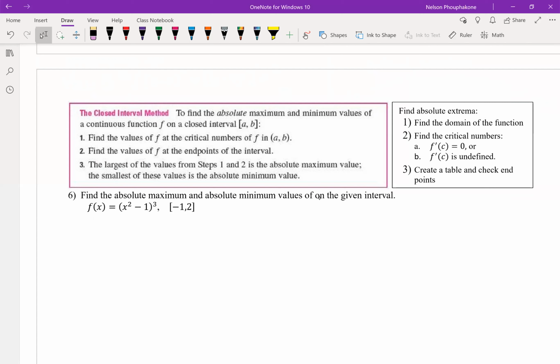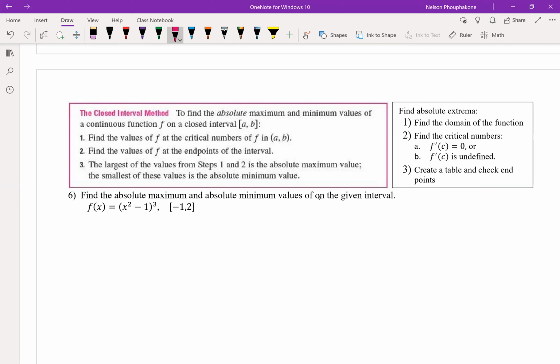To find the absolute maximum and minimum values of the continuous function f on a closed interval [a, b]: first, find the values of f at the critical numbers in (a, b). Second, find the values of f at the endpoints. Third, the largest of the values from steps 1 and 2 is the absolute max, and the smallest is the absolute minimum.